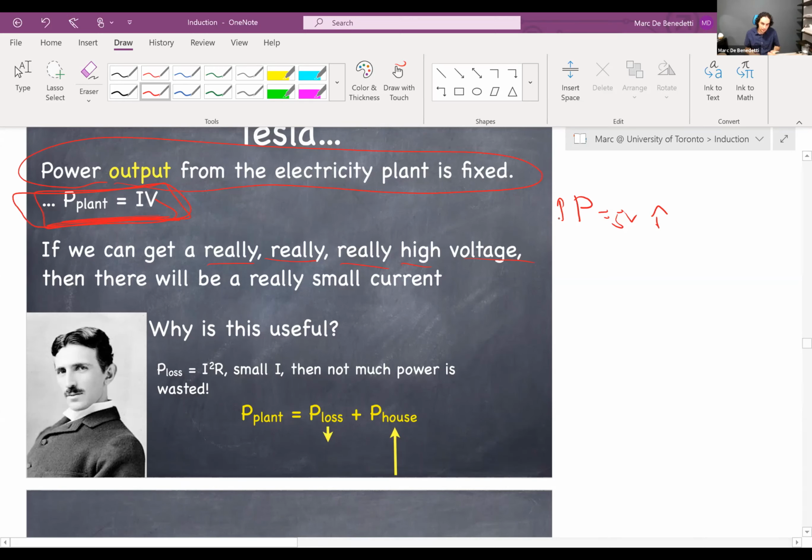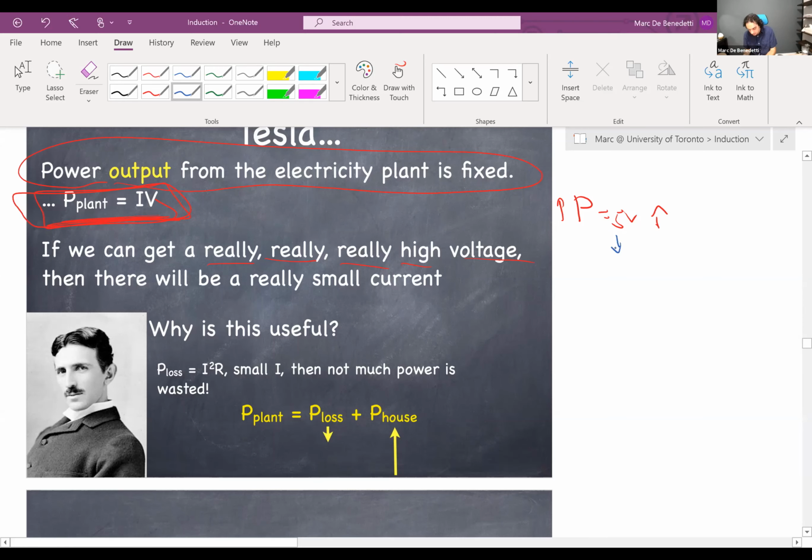There's no such thing as an infinite power, right? So if the power generated from a power plant inherently has a maximum, which it does, then if you continue to amp up the voltage, then something's got to give, and what's going to give is the current.